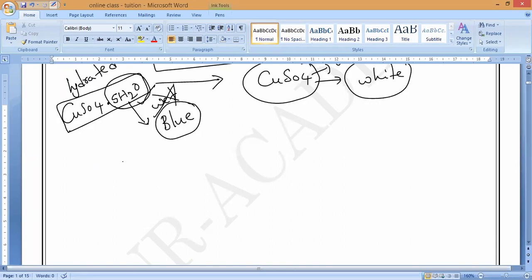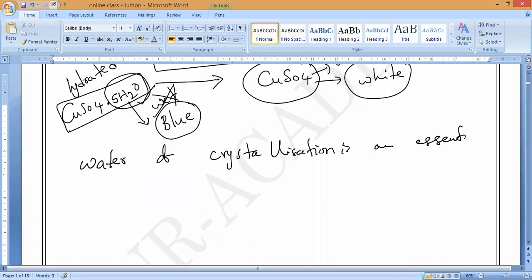What is the main aim of water of crystallization? The water molecules present in the salt are an essential part of their crystal structure. Water of crystallization is an essential part of their crystal structure.